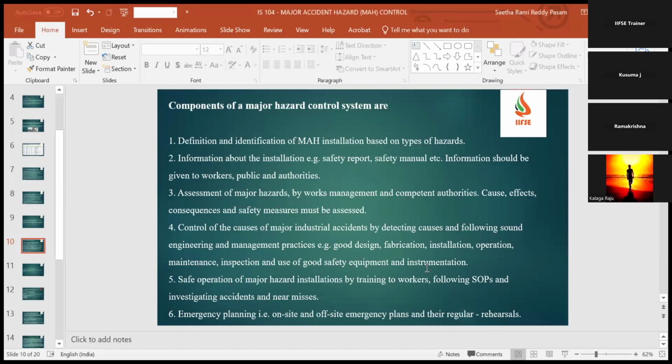Then control of causes of major industrial accidents by detecting causes and following sound engineering management practices like good design, fabrication, installation, operation, maintenance, inspection, and use of good safety equipment and instrumentation. So there it talks about how strong your design is, how your controls work, all the things have to be considered.